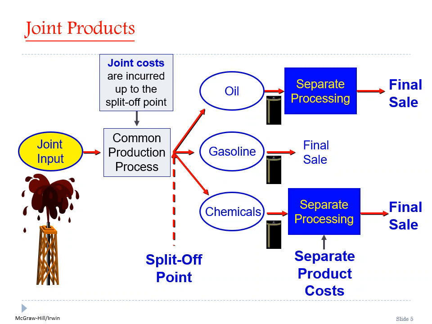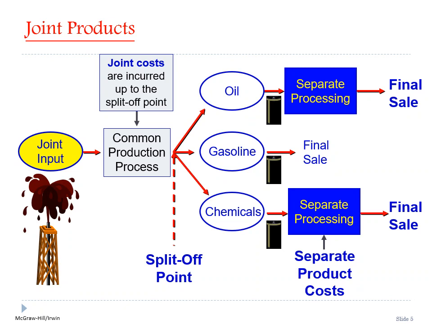طب يبقى انا عندي هنا الاويل والجازولين والايه والchemicals. And الجازولين the company decides to sell it at the split of point. يبقى انا عندي هنا الفاينل سيلينج برايس اللي هو at the split of point.